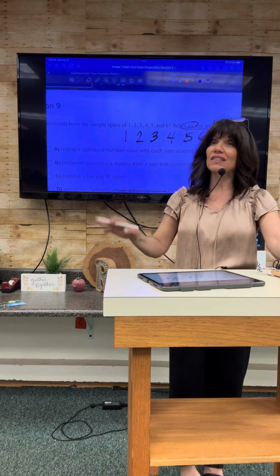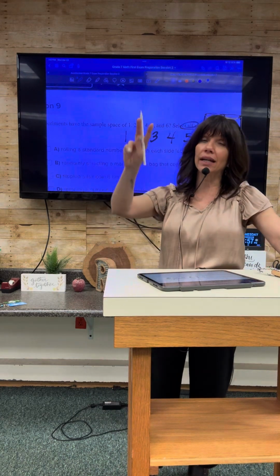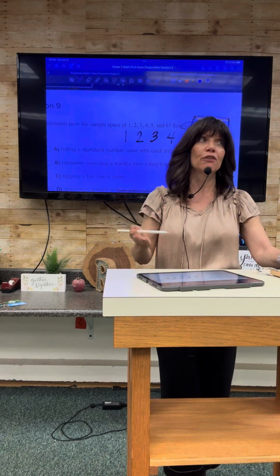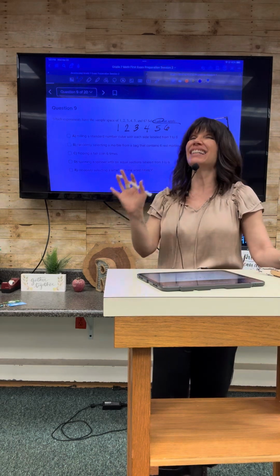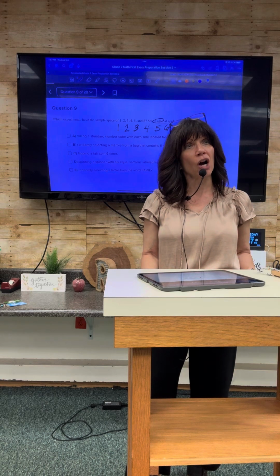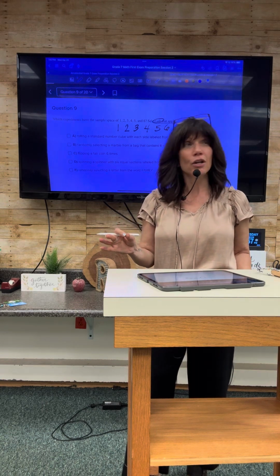So ask yourself, if the event they describe includes the possibility of landing on a 1, or landing on a 2, or landing on a 3, or landing on a 4, or landing on a 5, or landing on a 6, or picking a 1, 2, 3, 4, 5, or 6, then you choose that option. Do not pick something where it's got all the same color marbles and none of them have numbers. Would that be options of 1, 2, 3, 4, 5, 6? No. So I will let you decide when you get to that item.